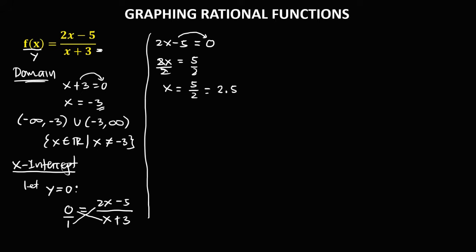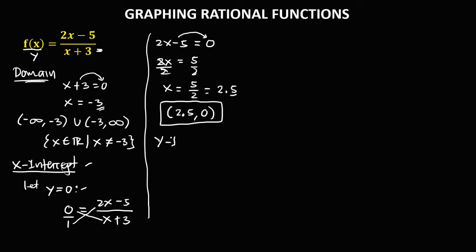Therefore, the coordinate of the x-intercept is x equals 2.5 and y equals 0. So this is now the coordinate of the x-intercept.